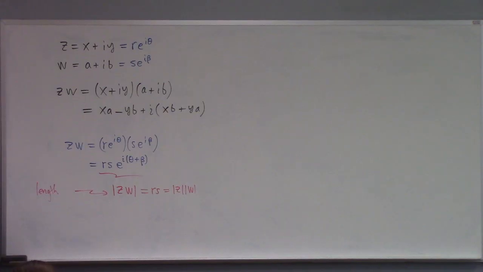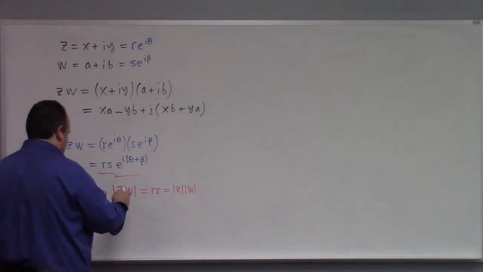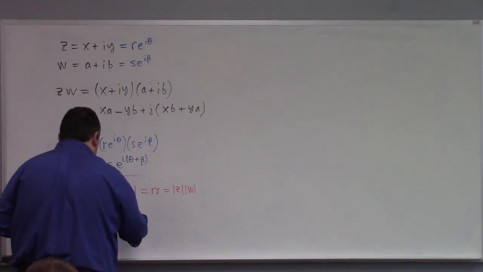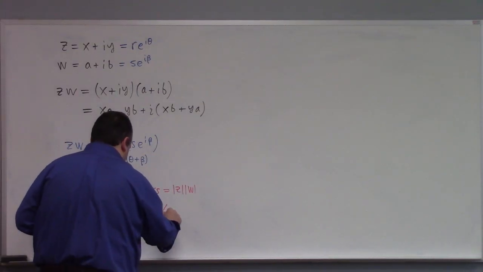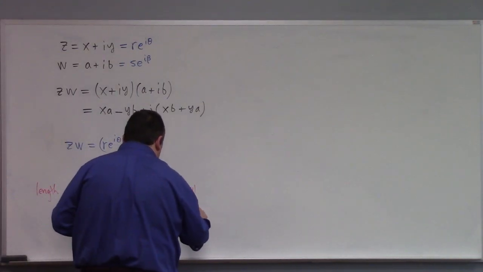The length of zw is the product of the lengths of z and w. You multiply two complex numbers, how long is the resulting number? The product of the numbers you multiplied. Right? And how about this theta plus beta? The angle of z times w apparently is equal to the angle of z plus the angle of w.